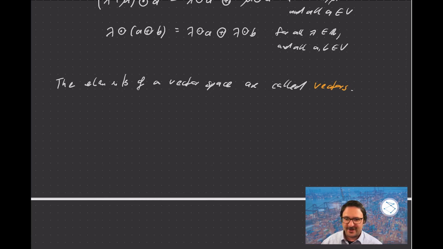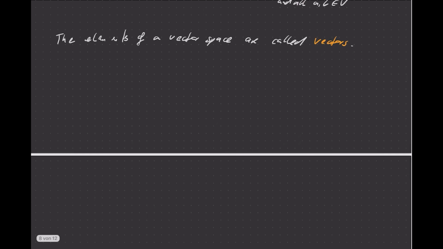To round this off, let's list a couple of conventions to make our lives a little easier, because this notation, as you have already noted, is probably a little awkward. So we try to make things easier by adopting a number of conventions. First one, we usually just write plus and a dot. So we omit the circle, and we also omit the dot when the meaning is clear from the context.